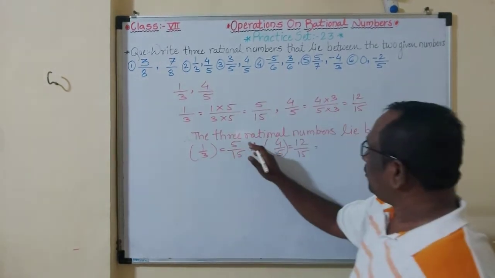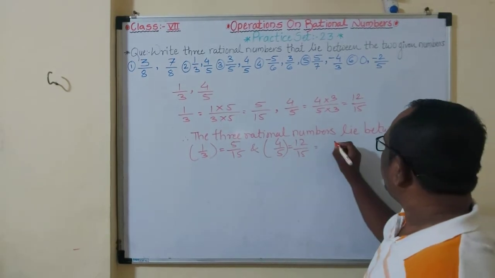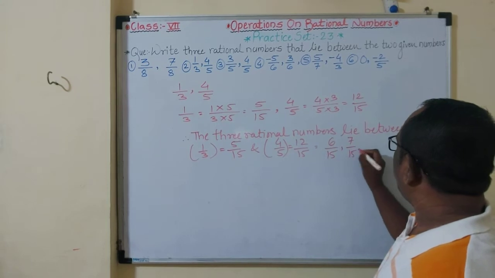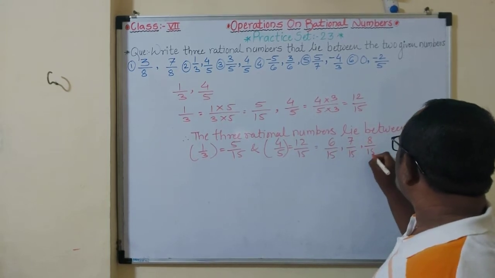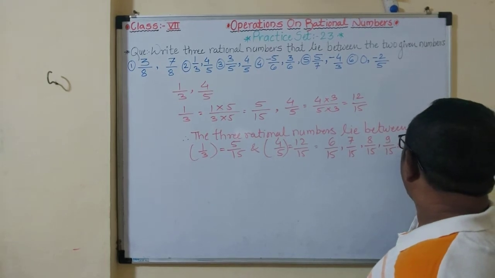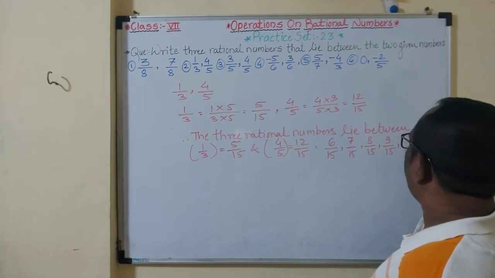So now students, if you see, after 5 upon 15, we get 6 upon 15, 7 upon 15, 8 upon 15, 9 upon 15, 10 upon 15, 11 upon 15.